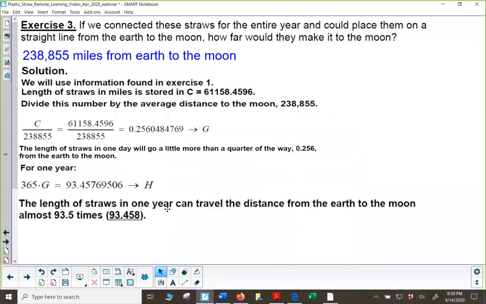So the length of straws in 1 year can travel a distance from Earth to the moon almost 93.5 times, or that would be almost 47 round trips. Okay, Earth to moon and moon back to Earth.